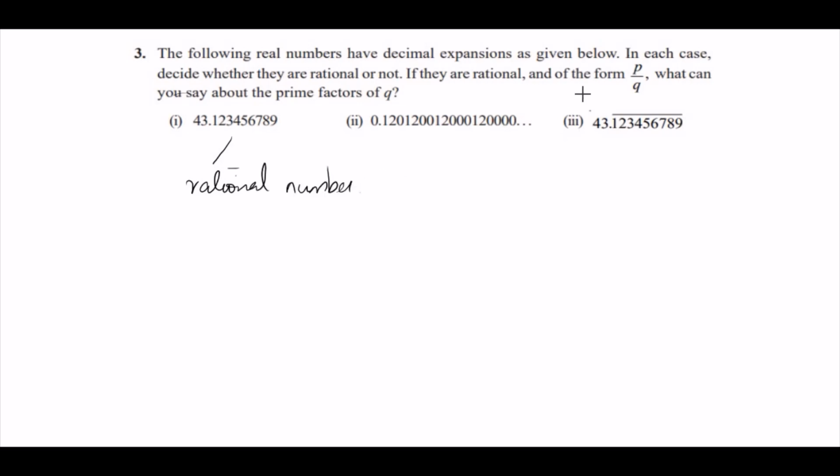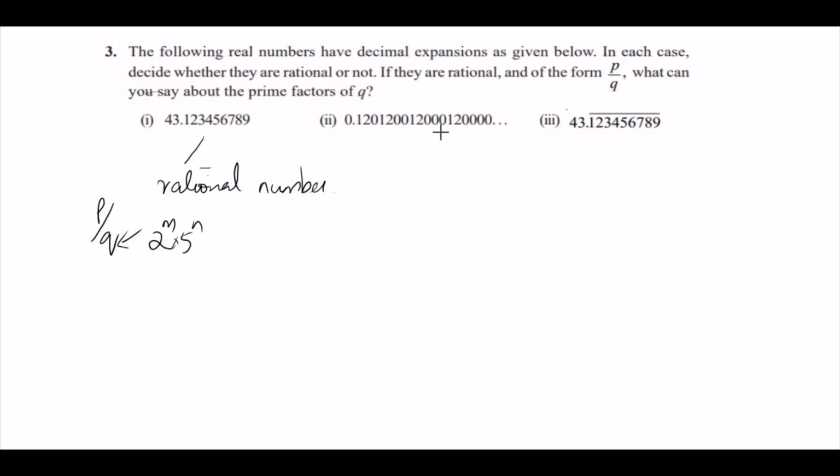So in the question it is asked, if it is a rational number, what can you say about the prime factors of Q? That is, rational numbers can be expressed in the P by Q form. What is the prime factorization of Q? Here the prime factorization of Q will be of the form 2 raised to m, 5 raised to n, that you have learned in the theorem. In the second question, if you check, you can see there are some dots here. That means this is non-terminating decimal expansion.